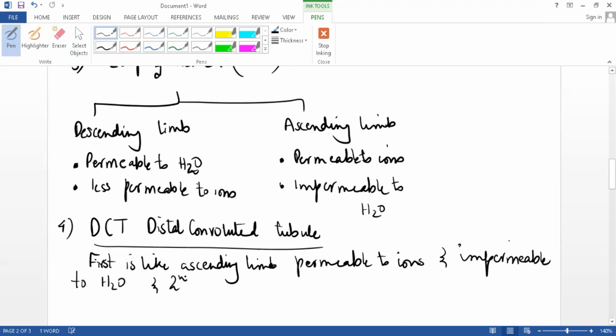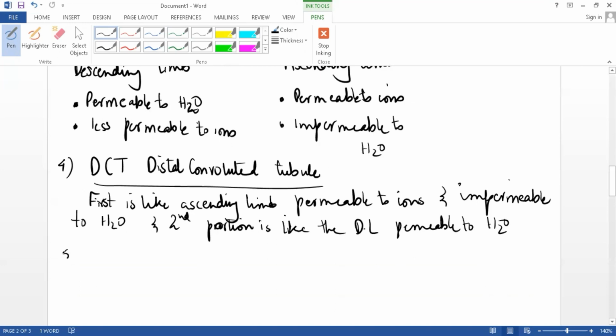And the second portion is like the descending limb, permeable to water.